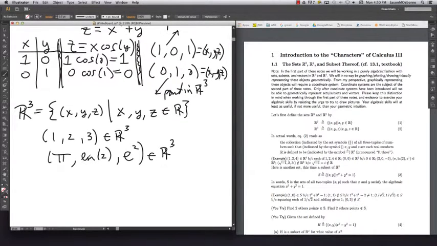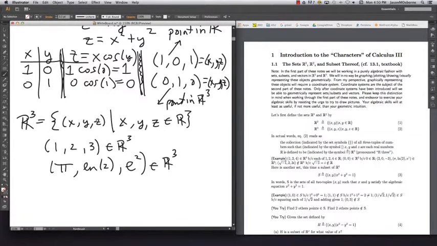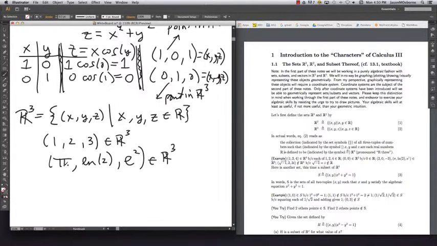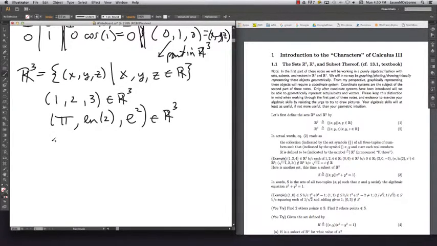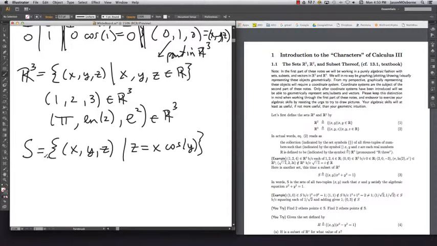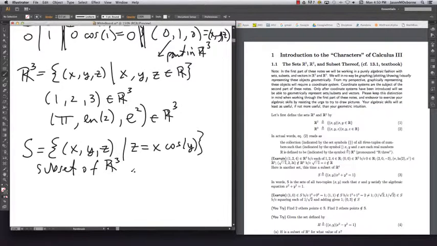But observe the following. If your z value is not allowed to be any real number, but instead z has to be x cosine of y, then you have x, y, and z such that z can't be anything by itself anymore. It has to be x cosine of y. What we have here is a set S that's called a subset of R3. How do I know it's in R3?